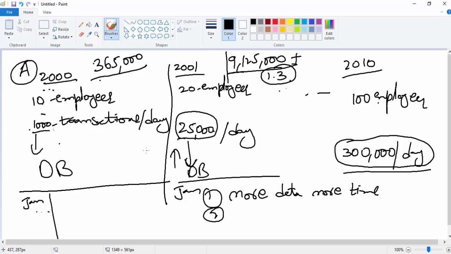The second reason is why we store the data in a database: for users to analyze the data. Based on the analysis, they can predict or take further decisions. Let's say my company was growing at a 10% rate.